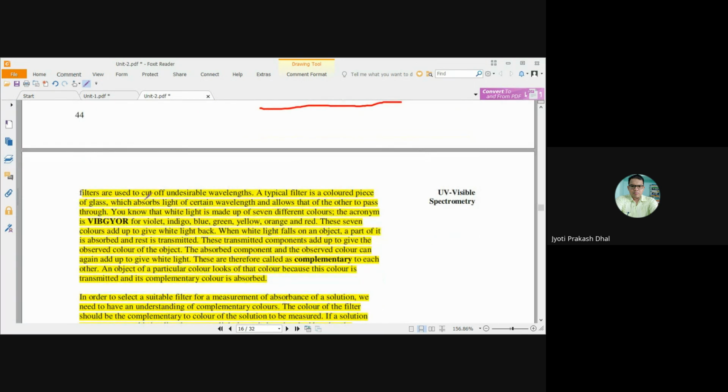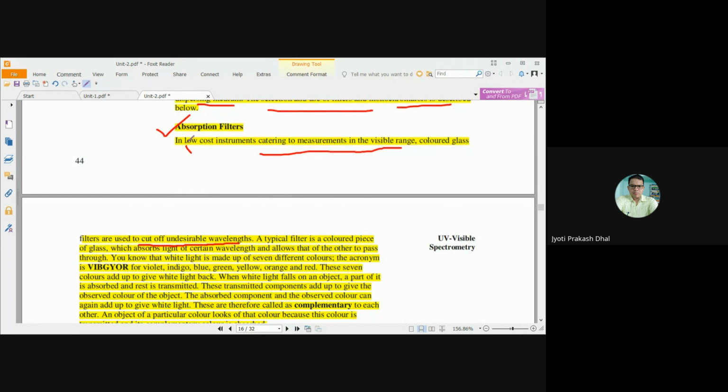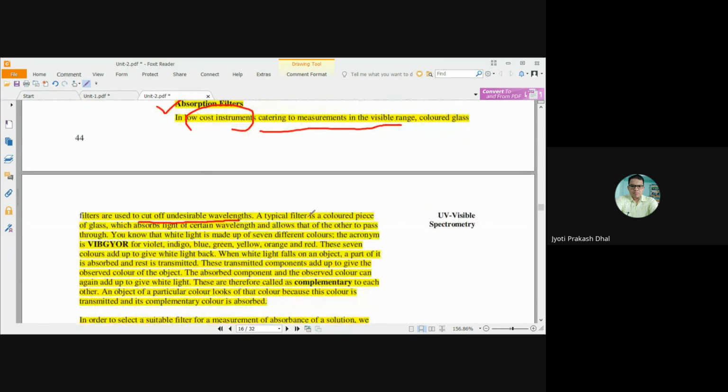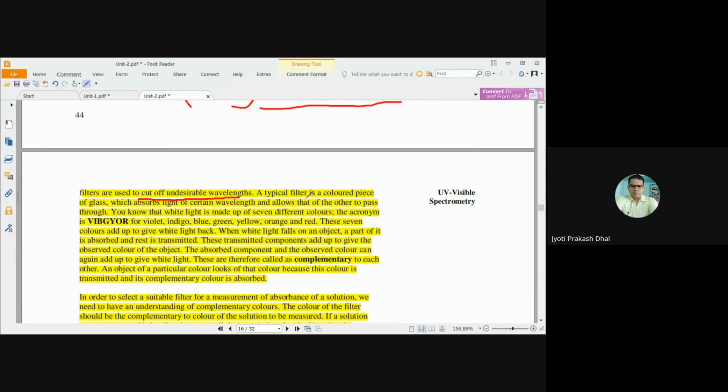Colored glass filters are used to cut off the undesirable wavelengths. A typical filter is a colored piece of glass which absorbs light of certain wavelength and allows that of the others to pass through.